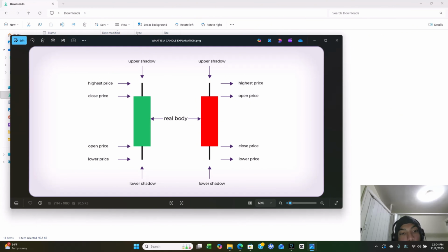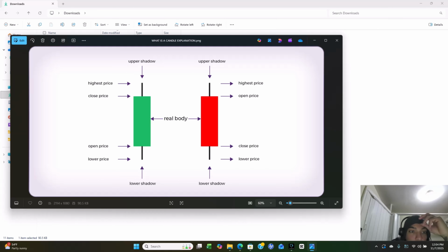The wick below the candle is the lowest price that the price action went down, and then it rejects and goes to the upper side, within that hour time period, correct?